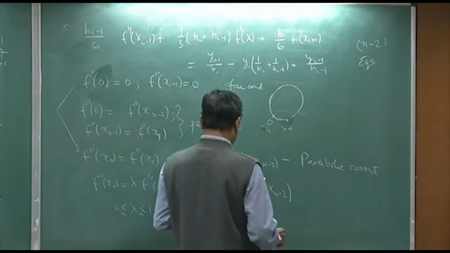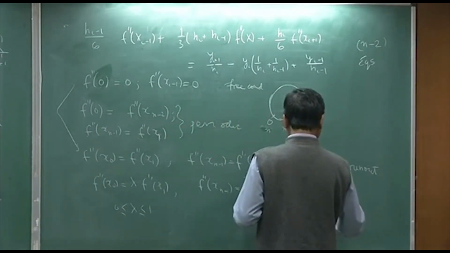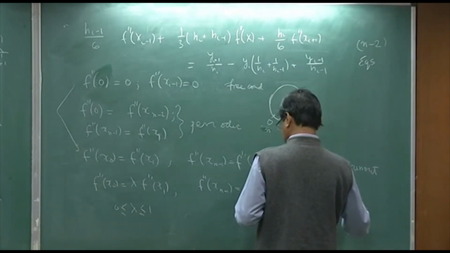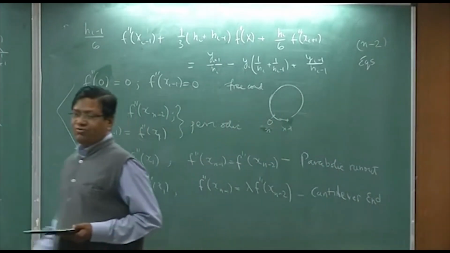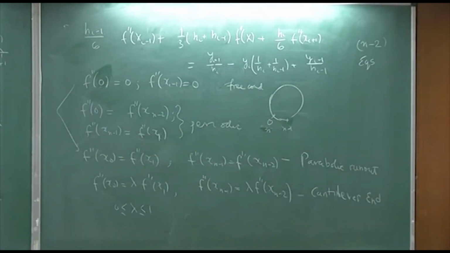This is called the cantilever condition. And these are four popular conditions, so with this you can close the system and find f double prime.